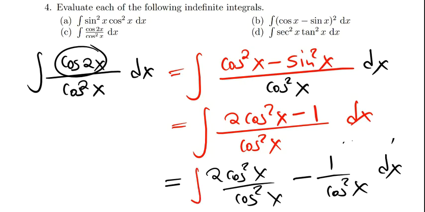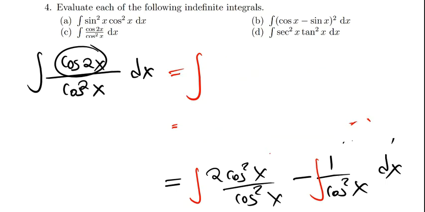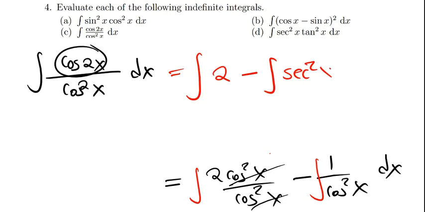So we distribute the integral. What do we have? So this would divide. You remain with a constant 2 minus the integral of 1 over cosine squared of x. What is that? These are some of the other identities that you need to know. 1 over cosine is secant, so this is secant squared of x because it is squared as well. And all these are being integrated in respect to x.